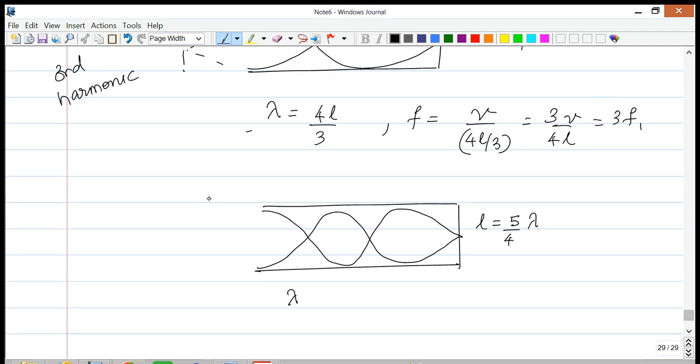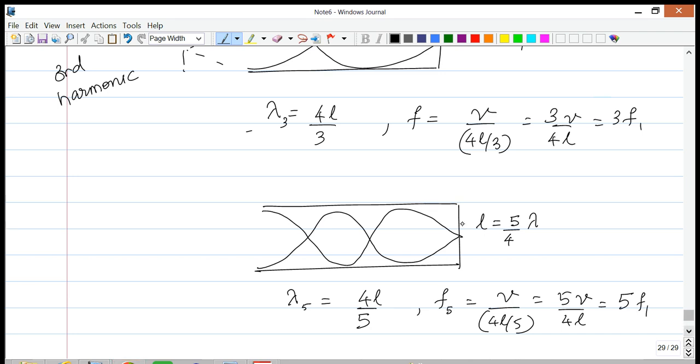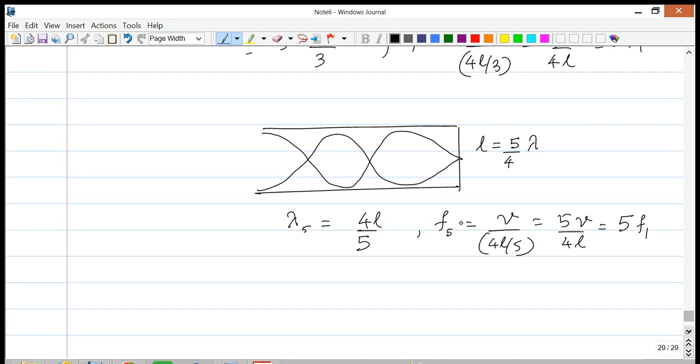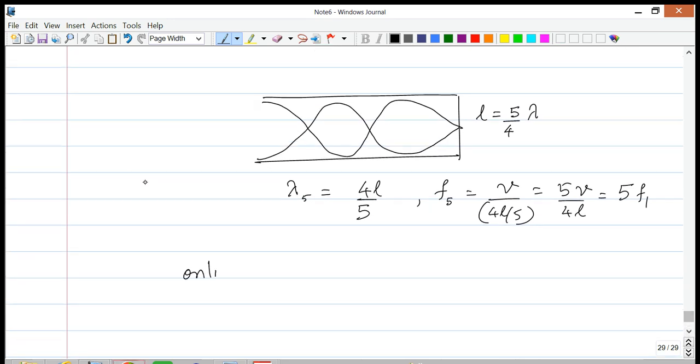This one was lambda 3, so lambda 5 is equal to 4L divided by 5, and my frequency f5 is v over 4L over 5, which is 5v over 4L, equal to 5 times the fundamental frequency. So once again, all even harmonics are skipped and only odd harmonics are present.